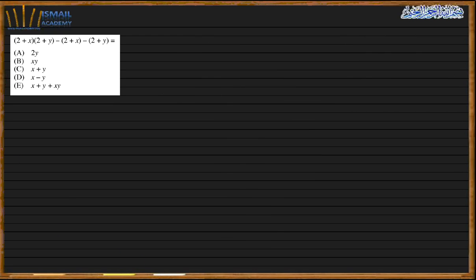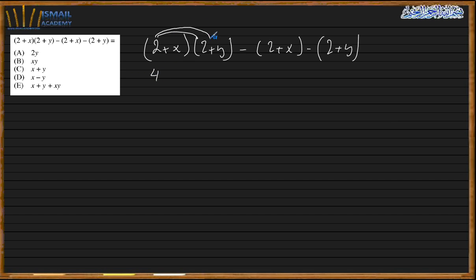Next question. So here we have 2 plus x times 2 plus y minus 2 plus x minus 2 plus y. I just need to simplify here, so I distribute, so it's going to be 4 plus 2y plus 2x plus xy.